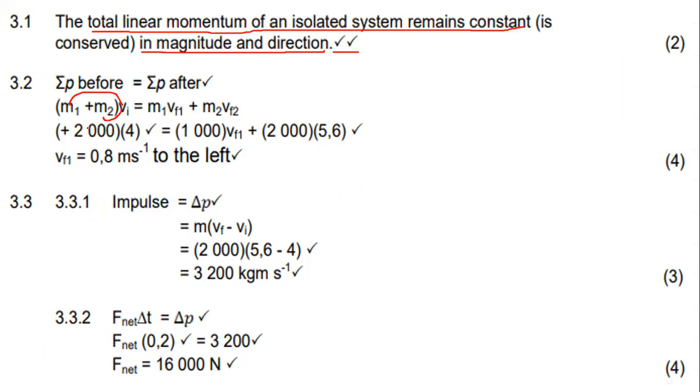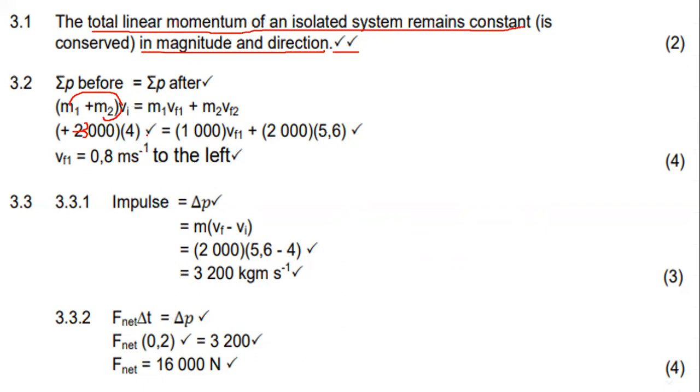Because the mass of coach A is 1,000 and the mass of coach B is 2,000. So the mass there is in fact 3,000 when you add them: 1,000 plus 2,000 multiplied by 4 altogether.